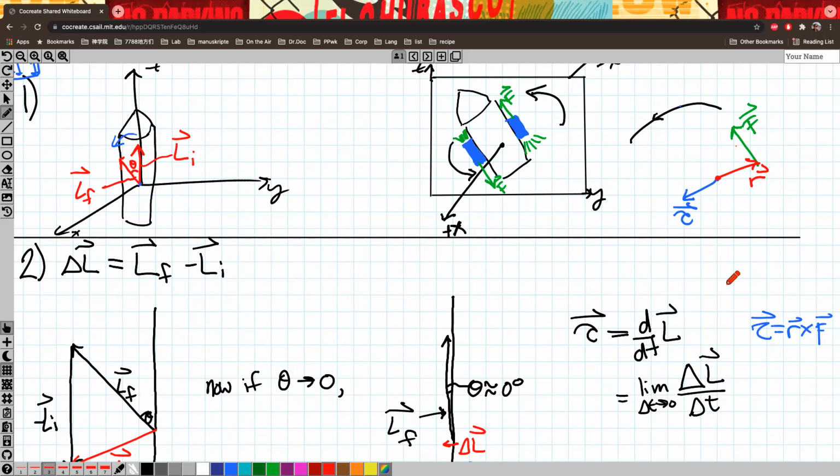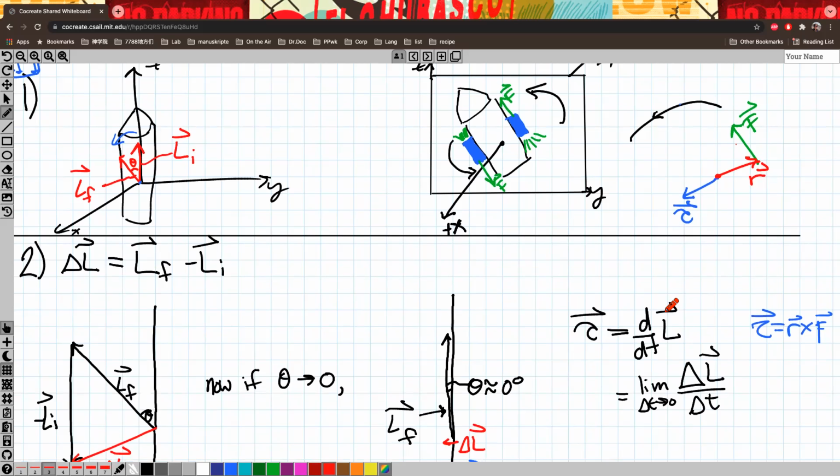What instance of time? So, when should the blasters emit the force?